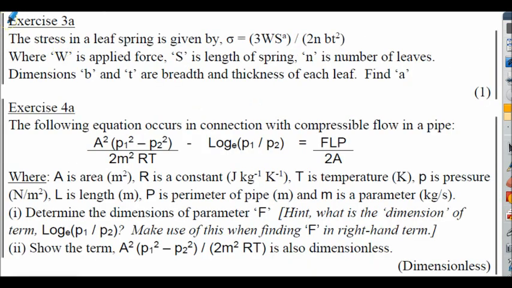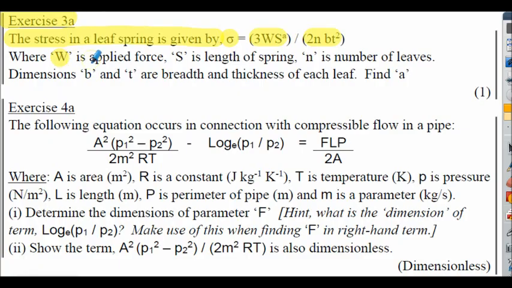Two further exercises. Exercise 3a, the stress in a leaf spring is given by sigma is equal to 3 times W times S to the power of a, divided by 2 times N times B times T squared.